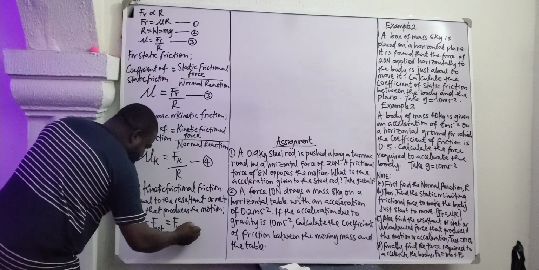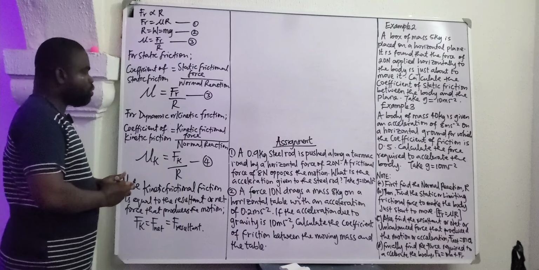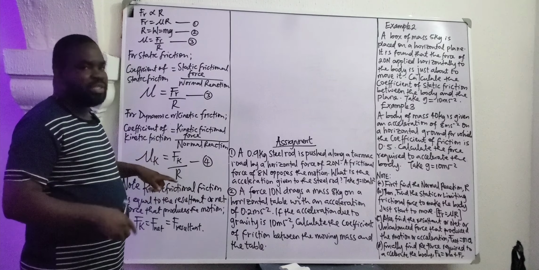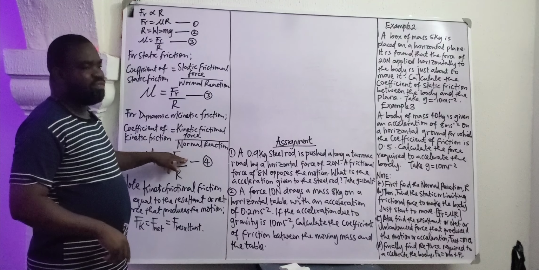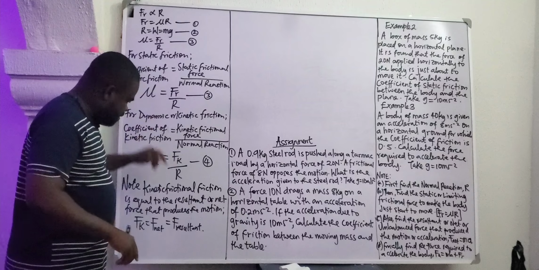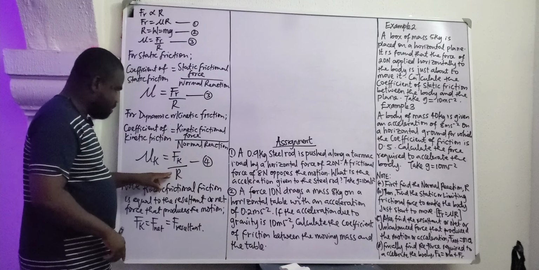Now, I will talk about it shortly. So what am I saying? That in questions where they want us to determine the coefficient of kinetic friction, you will use the kinetic frictional force, which is the force in that system, divided by the normal reaction in the system. That is what I'm saying.